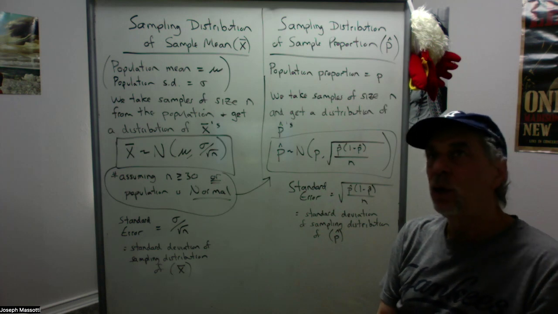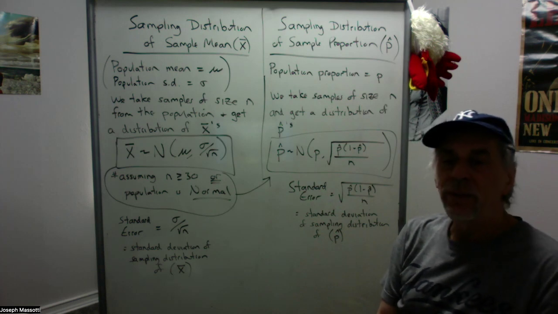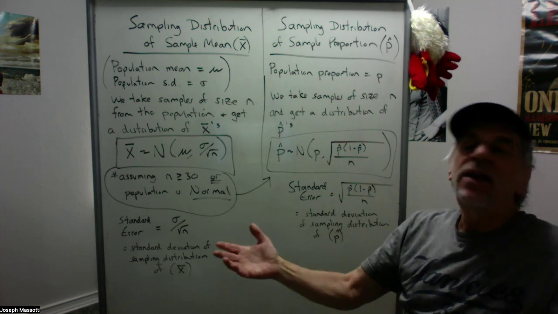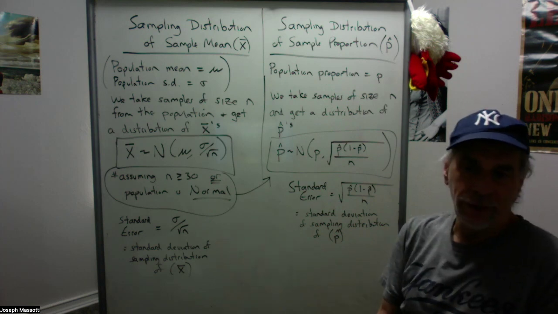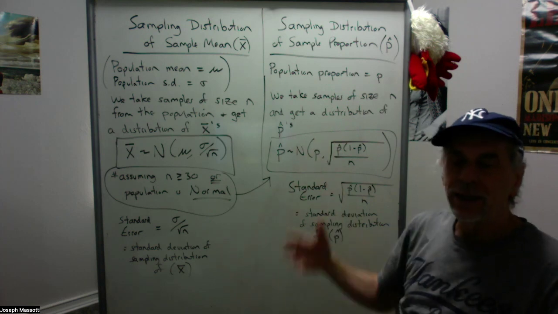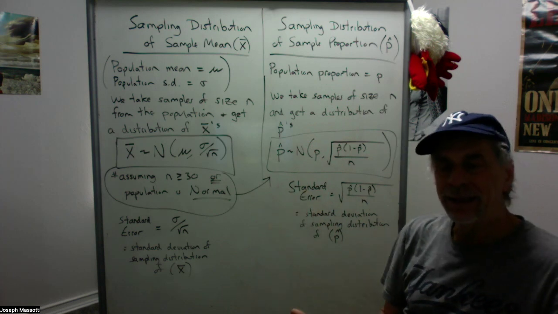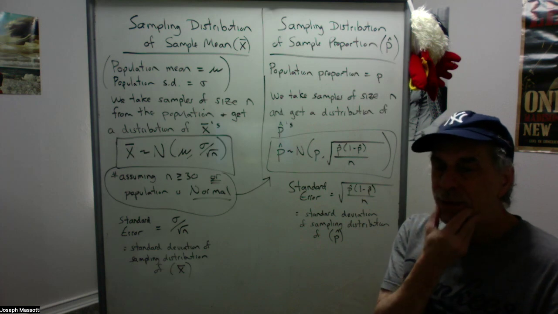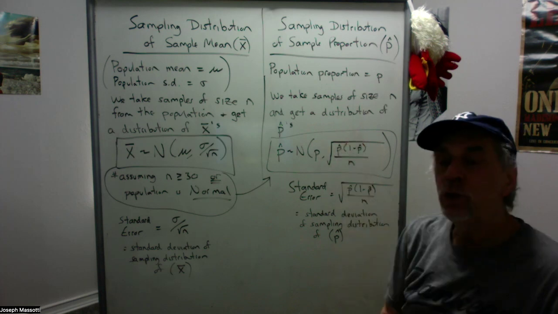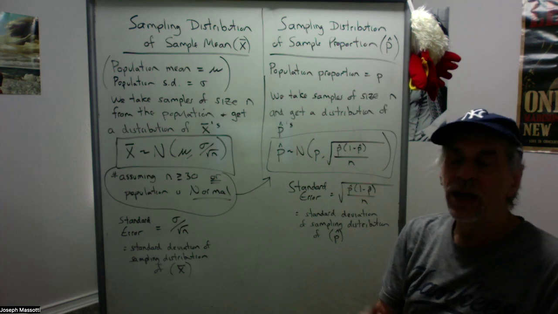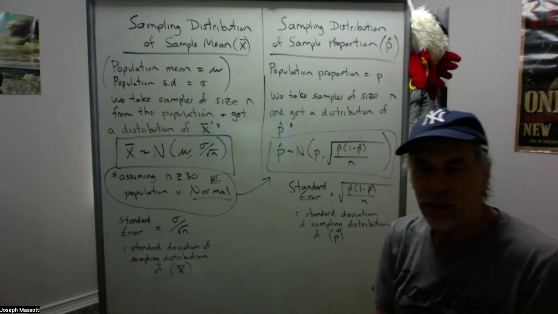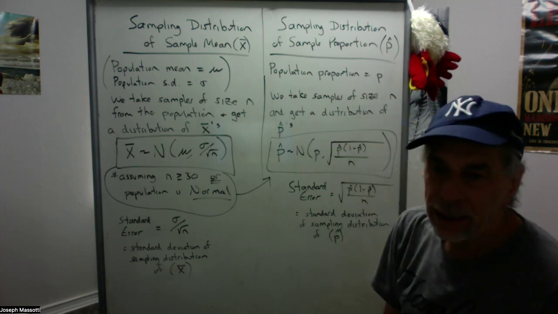Like let's say I want to know what proportion of ENMU students have seen a ghost, whatever it is, right? We're going to take a sample, look at the proportion, take another sample, again, same idea as the central limit theorem and sampling distributions. We're going to get a distribution of sample proportions, and then we're going to answer probability questions about those sample proportions.